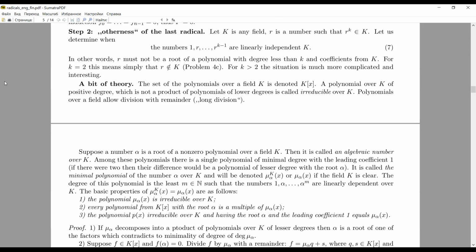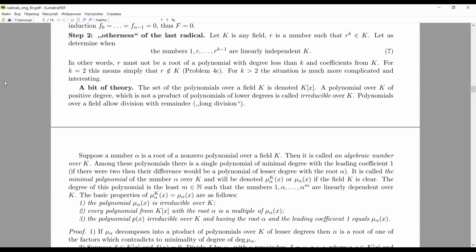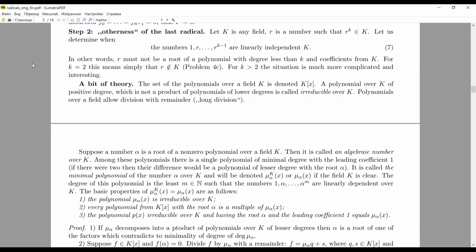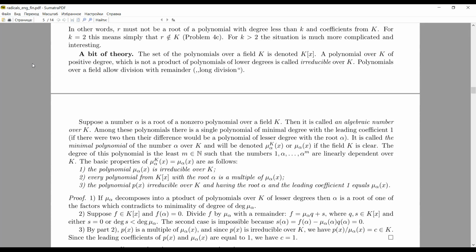First, a minimal polynomial is irreducible. Every polynomial over K with root alpha is a multiple of the minimal polynomial of alpha, and it gives us that an irreducible polynomial over K with root alpha is actually the minimal polynomial of alpha. Just a simple corollary.